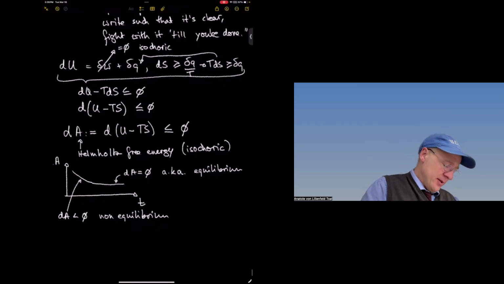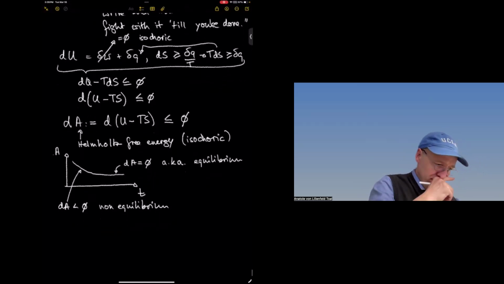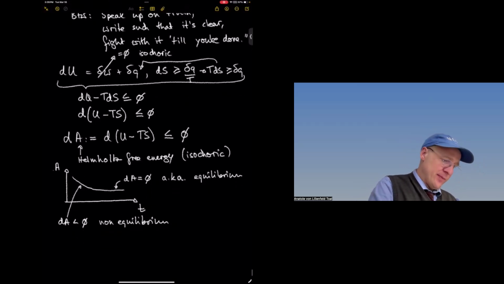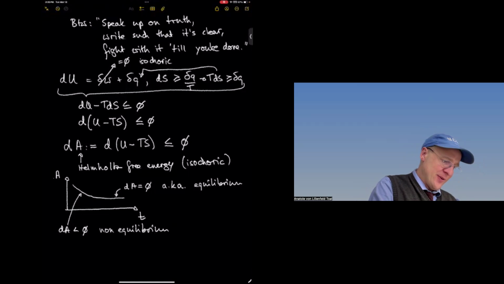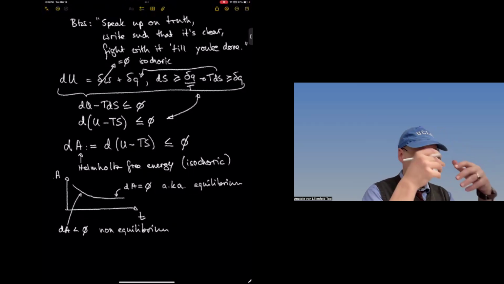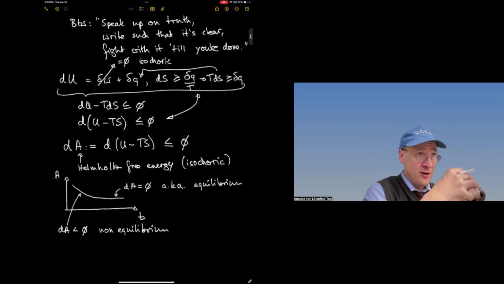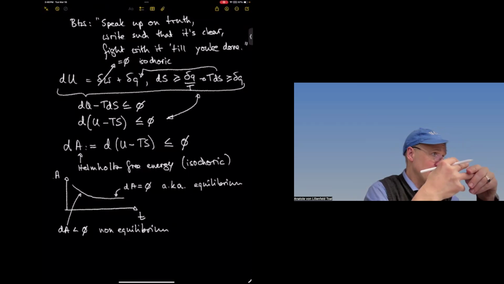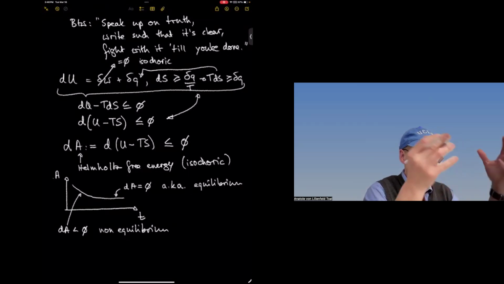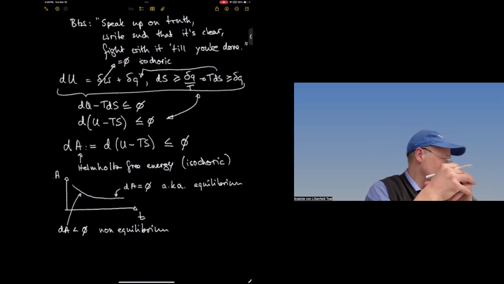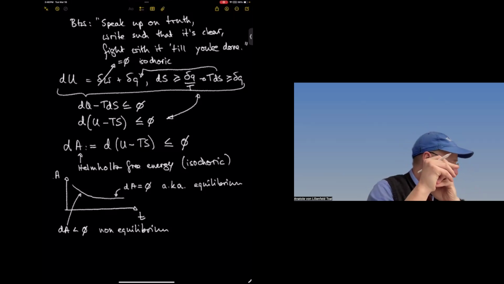Okay. So you see from these couple of steps here, going with the first law and second law, you arrive at this free energy, at this inequality. So it's a necessity. It's not arbitrarily drawn out of some academic straws.